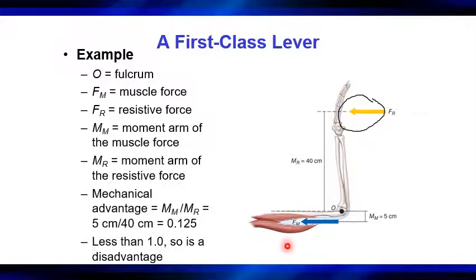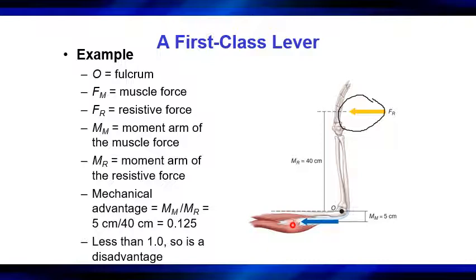Okay, so you look at the length of the resistance arm. Again, get your definitions down. So the perpendicular distance from the axis, which in this case would be the elbow, to where the resistance is taking place. So here's your resistance arm. Okay, here's your force arm.